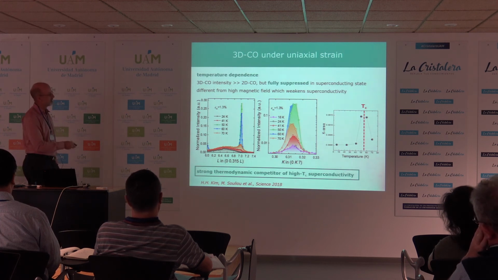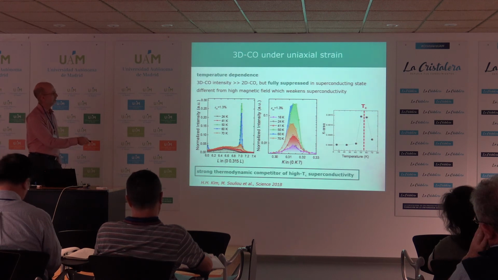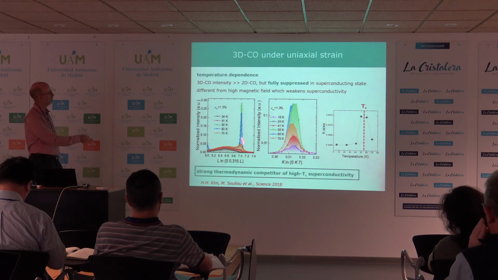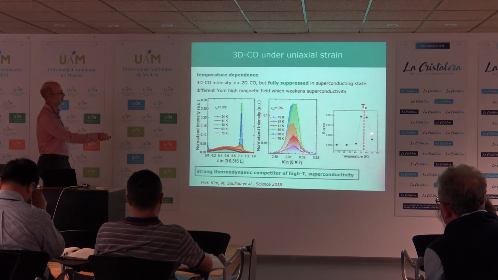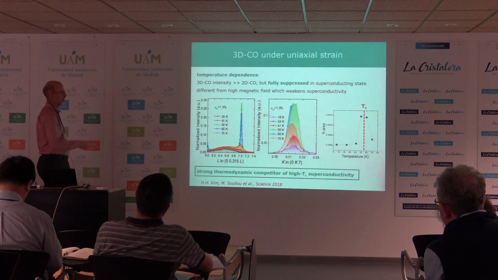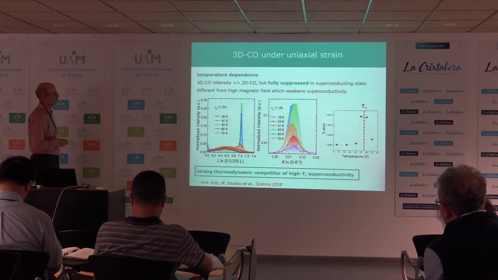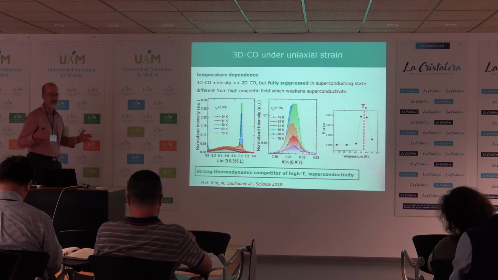The most amazing thing that I find here in this data is the very strong competition with superconductivity. So this Bragg peak here can be monitored as a function of temperature, and has an onset around 100 Kelvin or so. It then goes up very, very strongly and it drops down to 0 here in the superconducting state. So there's no residue of the intensity that you see in the two-dimensional charge order.